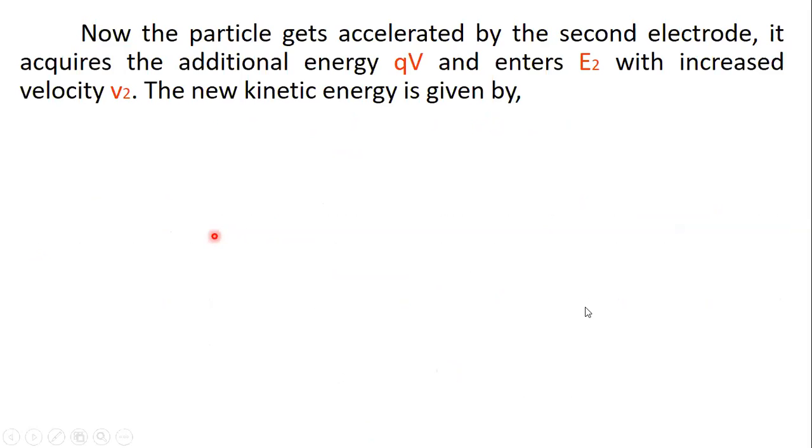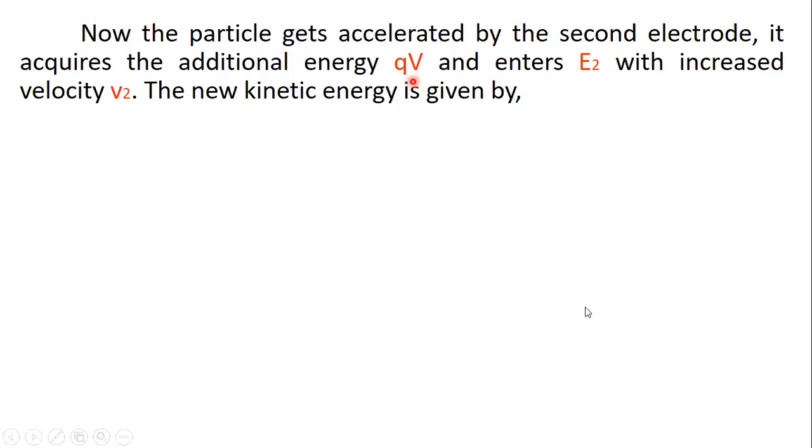Now as soon as the particle enters the gap between E1 and E2, the reversal of potential takes place. As a result, E1 is at positive potential and E2 is at negative potential. Therefore, the particle gets attracted by the second electrode. That means it gets accelerated by the second electrode and acquires additional energy.